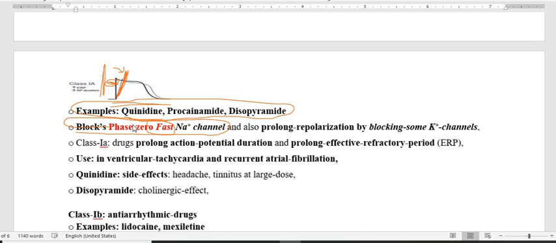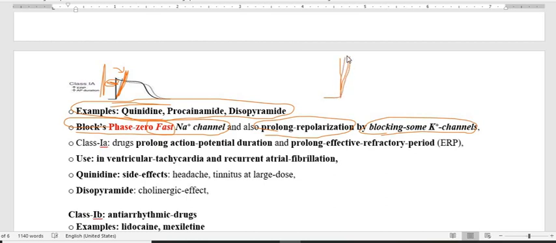And this 1A drug not only blocks the sodium channel, but it also prolongs the repolarization by blocking some potassium channels. So the 1A drug is very interesting because it is not only blocking the rapid depolarization, it also slows down the repolarization.